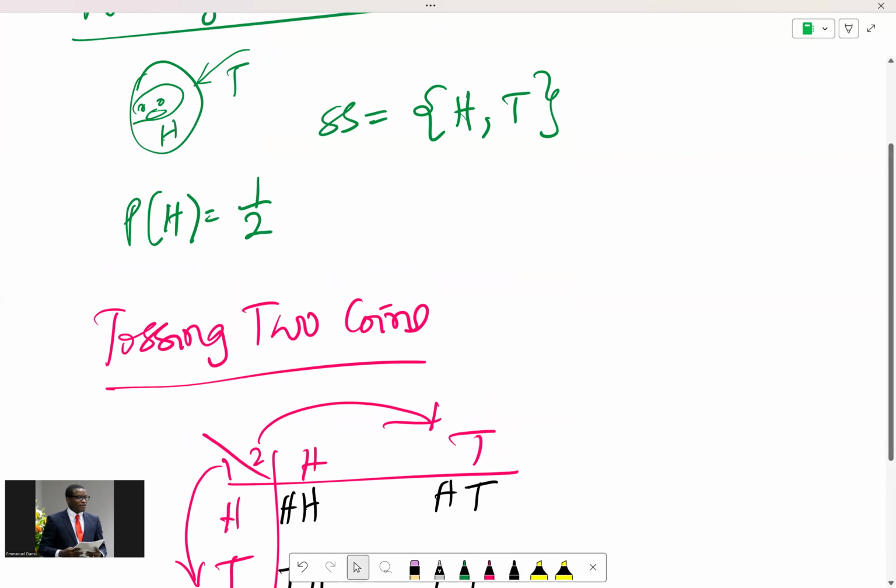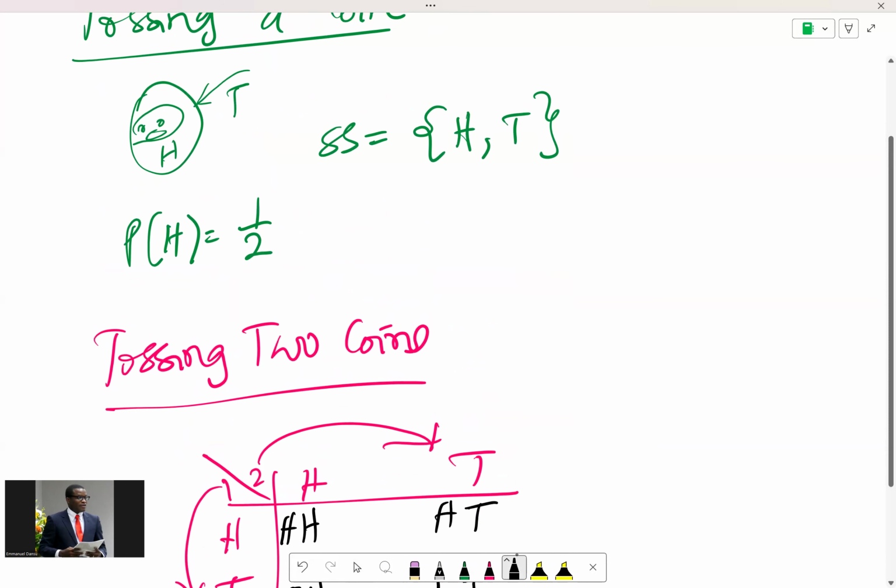Can you see a pattern already? When you had one coin, the number of outcomes is 2 raised to the power 1, that is 2.